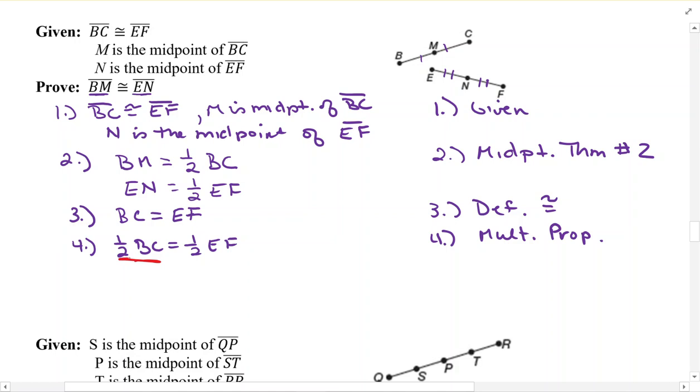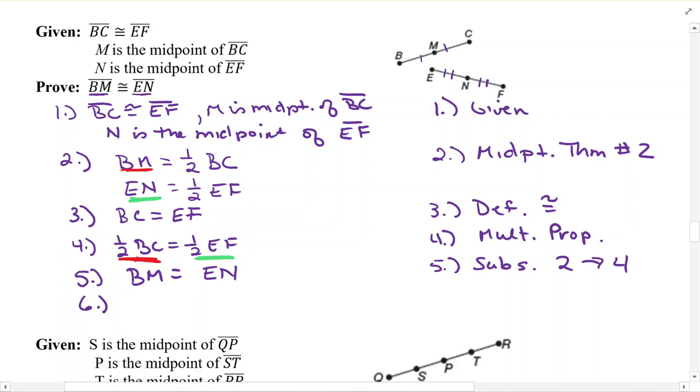Well, 1/2 BC is equal to BM, and 1/2 EF is equal to EN. So we can substitute those into this, and we will have that BM equals EN. And that's by substitution. We took information from 2 and substituted it into 4.